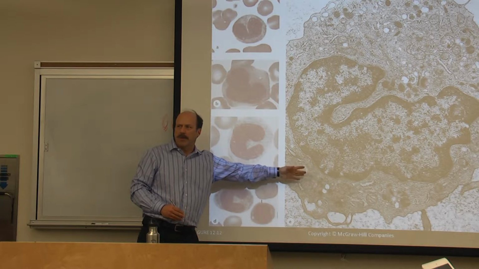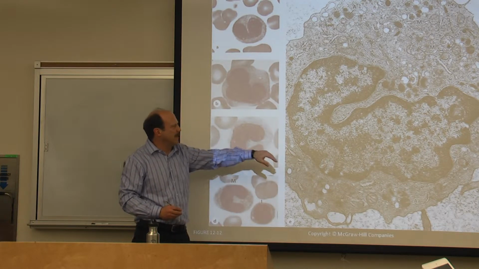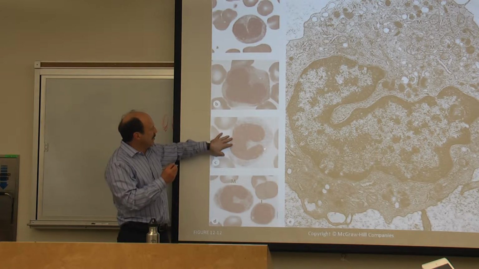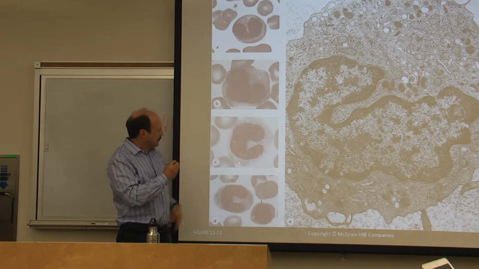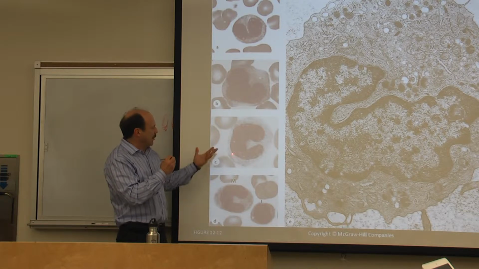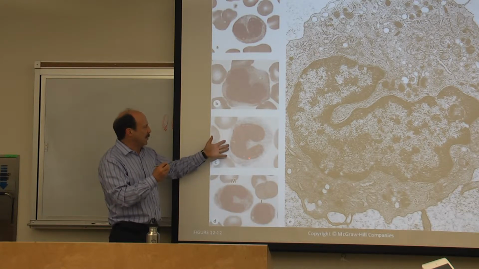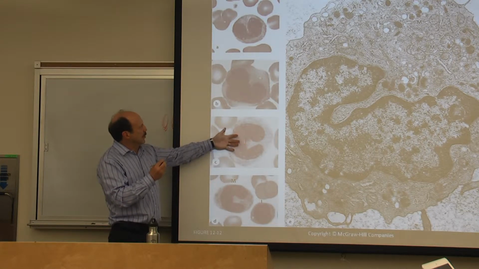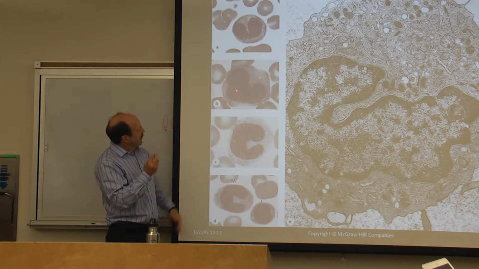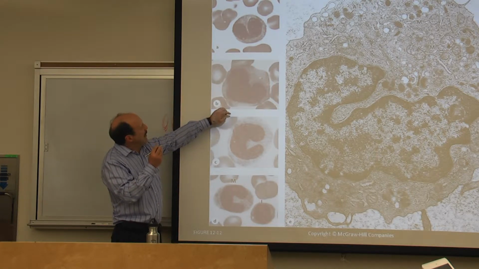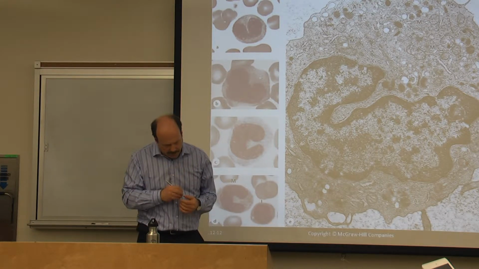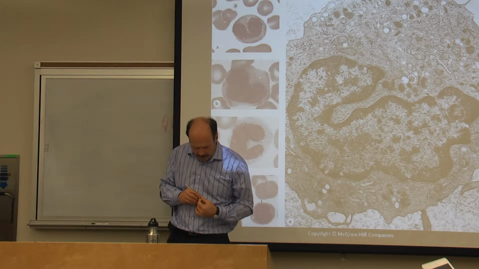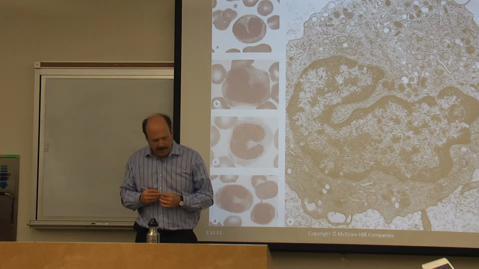It's an electron picture, and you see all that detail at much higher resolution. When you see these stains, that's usually the typical compound microscope pictures that we're looking at, using stain, and it's not as granular. So this is an agranulocyte, and it's a monocyte. So you have lymphocytes and monocytes.